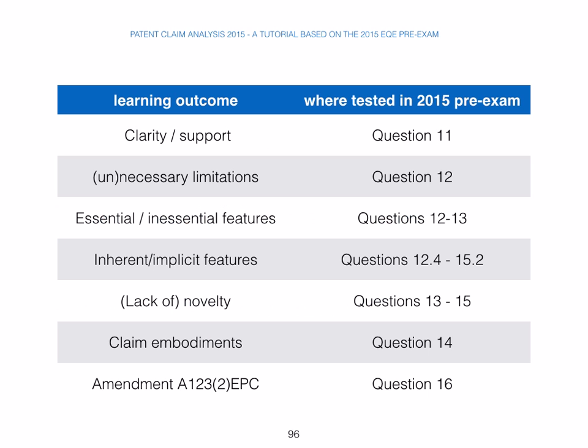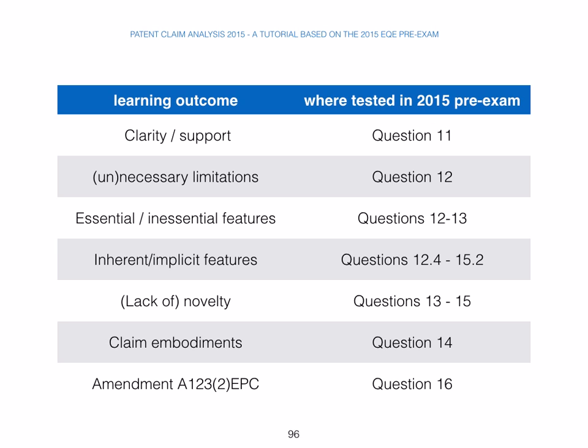Next, we consider some learning outcomes. Here I've put the learning outcome and where it was tested in the 2015 exam. First learning outcome was clarity and support, which was tested in question 11. Clarity is very important. You must know exactly what is covered by the claim or what is outside the claim.